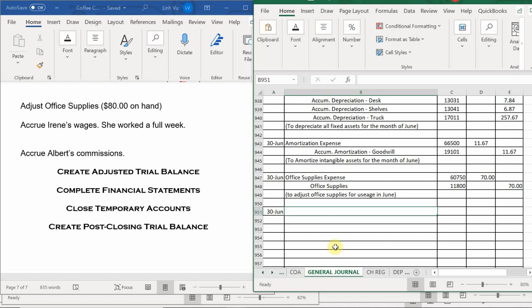Because she's so far worked a full week. How do I accrue that? How do I record how much she's earned so far?